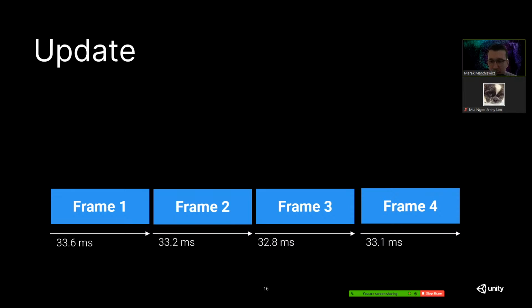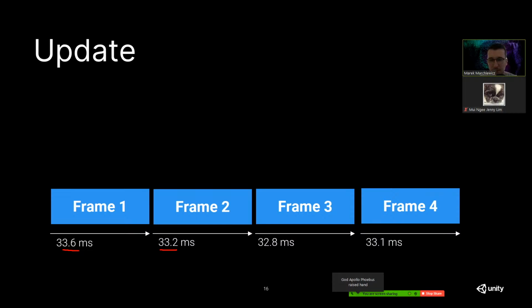Here I set my desired frame rate to 30 FPS. So this will make one frame take roughly 33.3 milliseconds to complete. But as I said, this time may slightly vary. So it might be 33.6, 33.2, and so on.